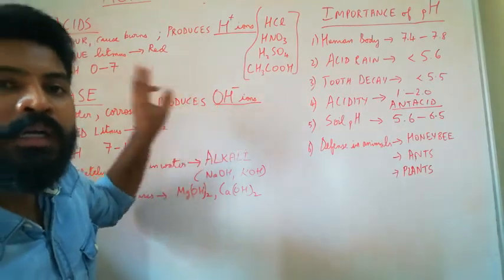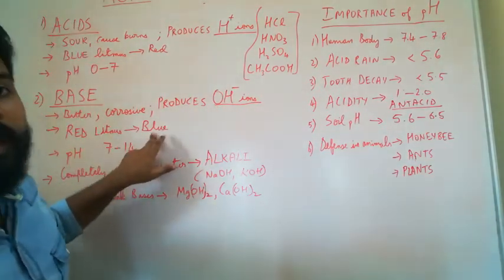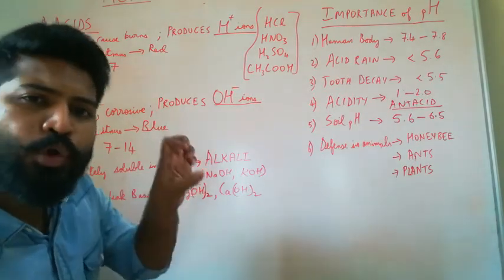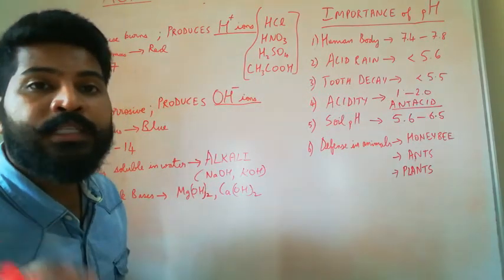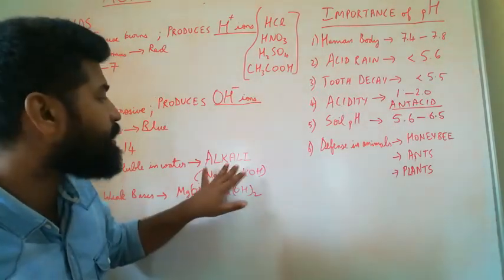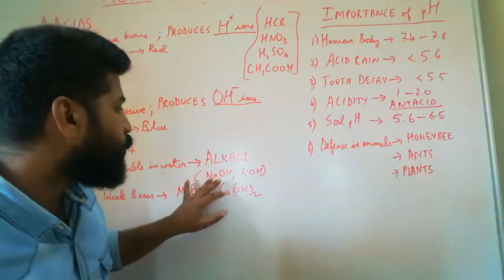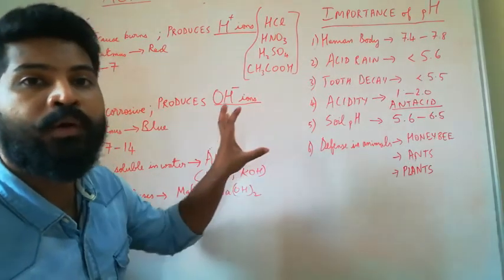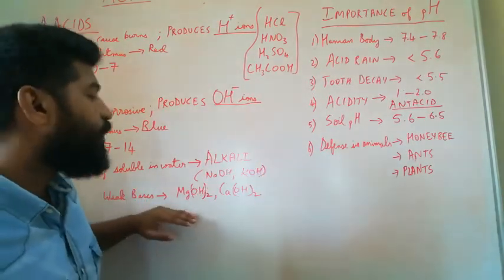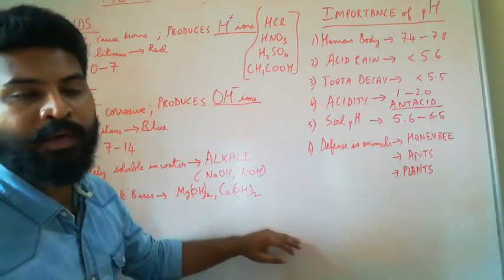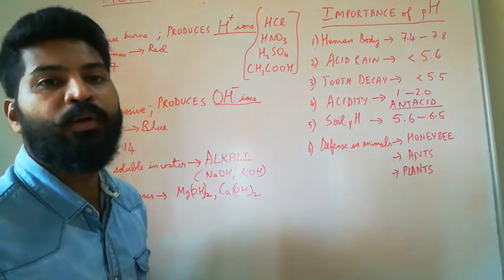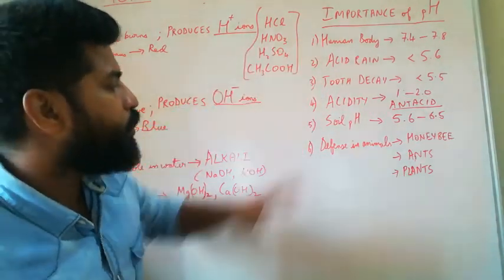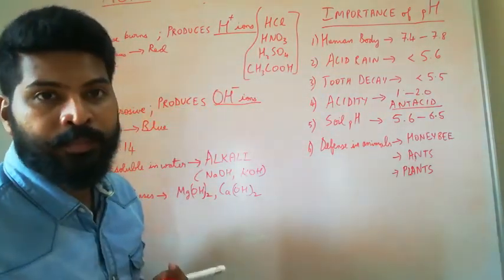They turn red litmus into blue, they have a pH range from 7 to 14. Those strong bases which are completely soluble in water are called alkali. For example, sodium hydroxide, potassium hydroxide. They have a pH of around 14, whereas weak bases, magnesium hydroxide, calcium hydroxide, etc., will have a pH of around 8 to 10.